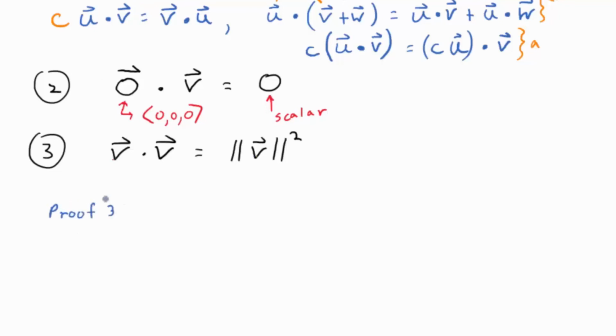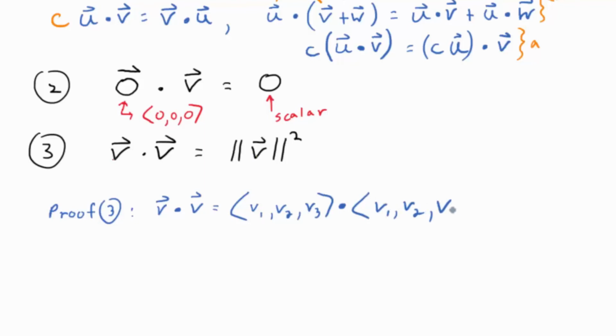Proof for number 3. Okay, let's represent V dot V component-wise. So that would be V1, V2, V3. There's one way to represent V, dotted with V1, V2, V3.